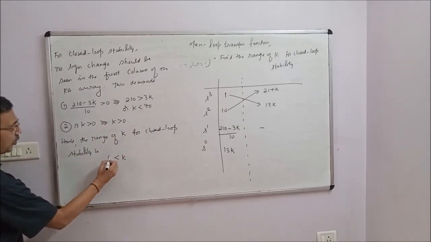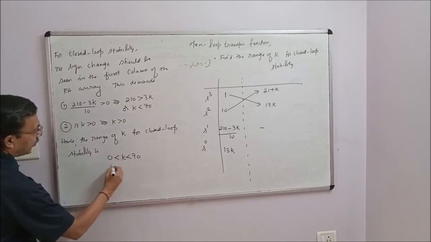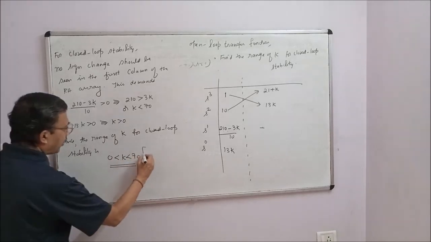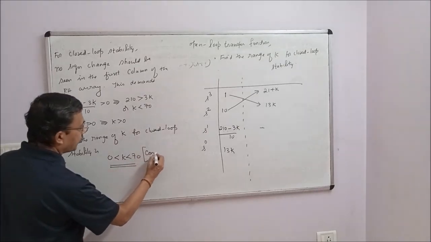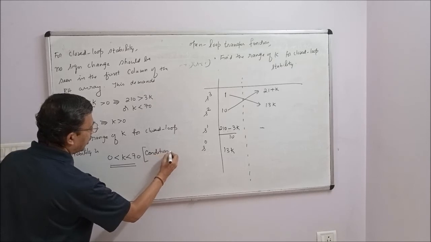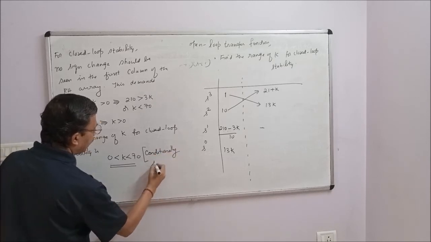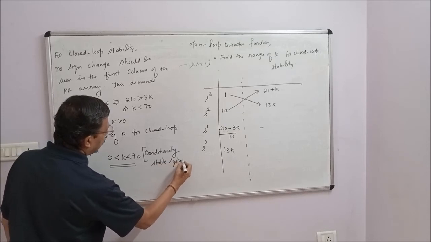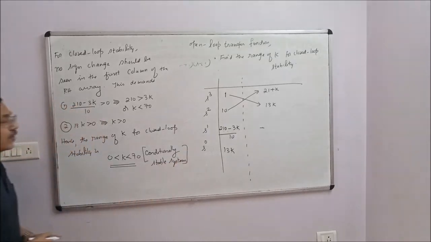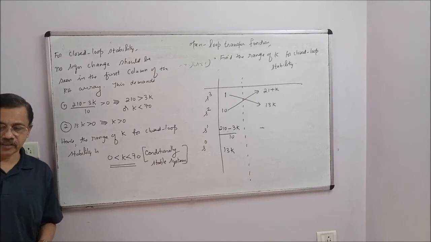That means K should be greater than 0 and less than 70. Since there is a condition on K for stability, this is called a conditionally stable system.